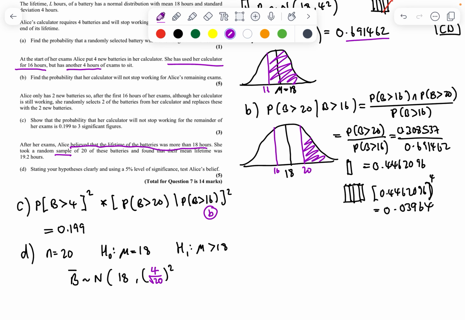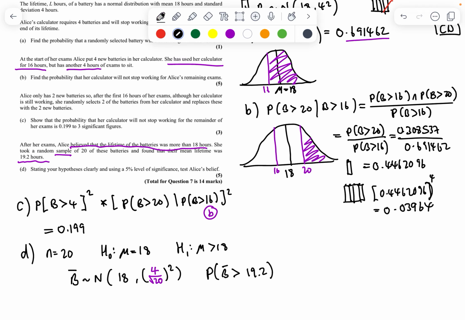So remember, the thing in purple is the thing we're putting into the calculator. The thing in the distribution is the standard deviation squared. So now we're going to work out the probability that our sample life is more than 19.2, which was what we saw in the question.